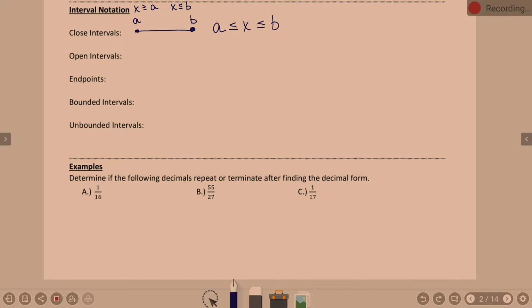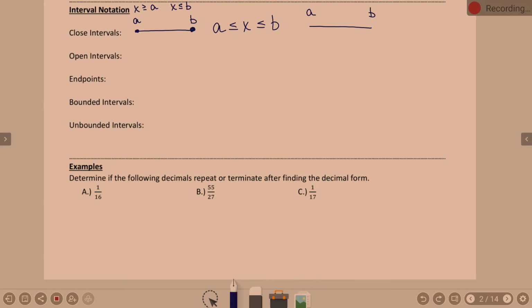Now, that's with inequalities. What if it's interval notation? Well, first of all, if we're shading on the line, what do we have instead of those endpoints? Think about this line going farther.